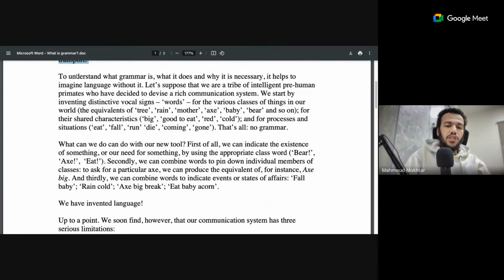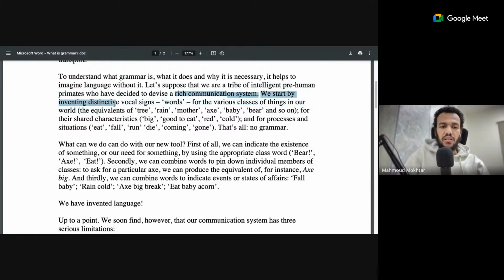To understand what grammar is, what it does, and why it is necessary, it helps to imagine language without it. Let's suppose that we're a tribe of intelligent pre-human primates who have decided to devise a rich communication system.